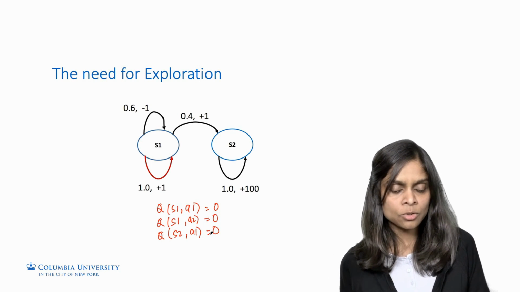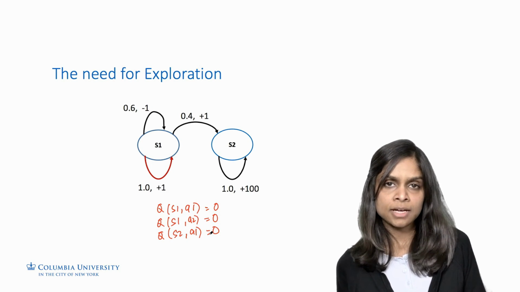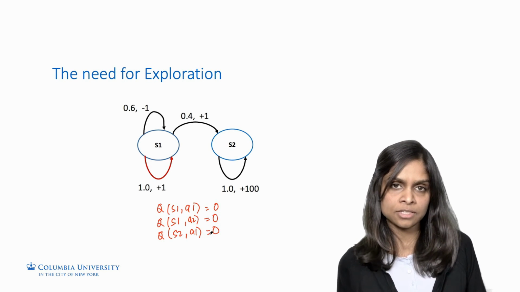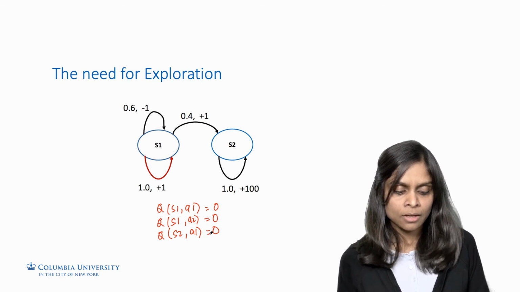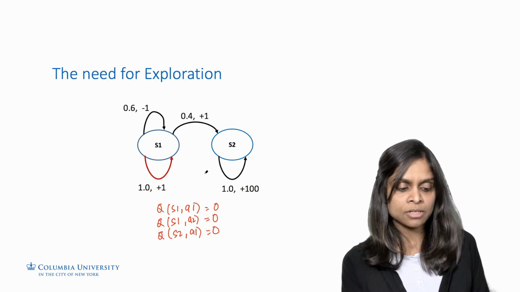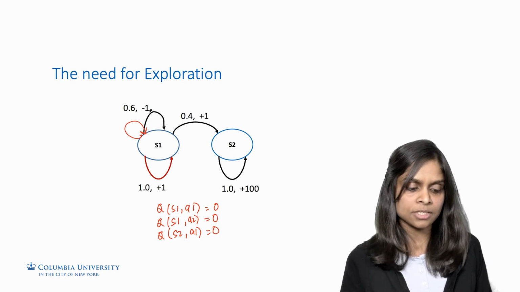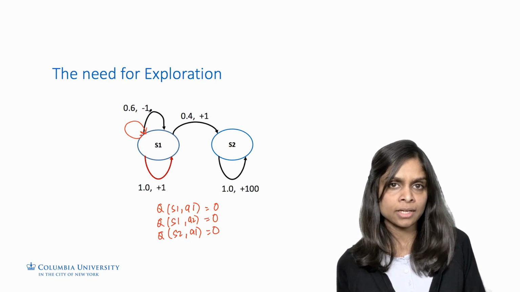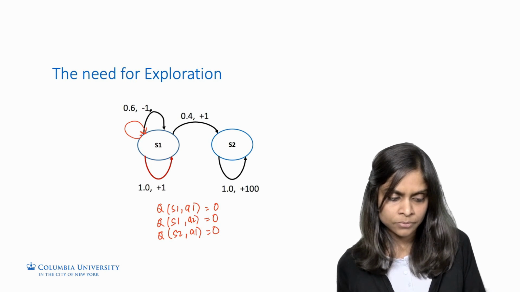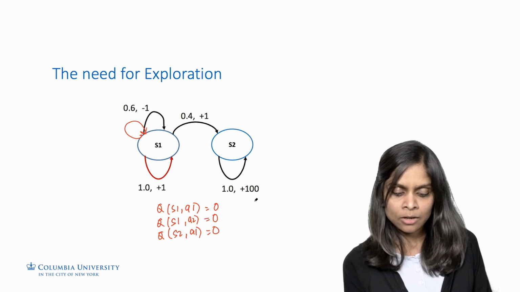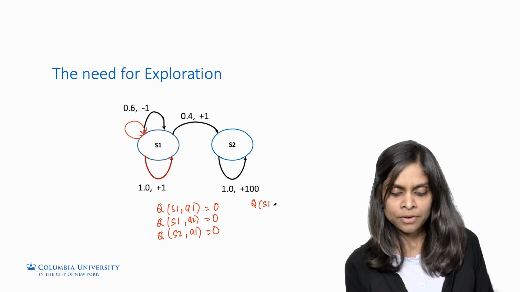Now let's say the algorithm decides to play the good action, the black action, in state S1 to start with. But when it plays this action, it sees the transition back to state S1. Now this can happen with 0.6 probability, so it is quite likely that this might happen. Looking at this transition, the algorithm updates the Q value of S1A1 to -1.